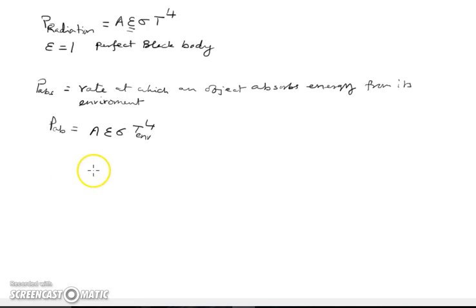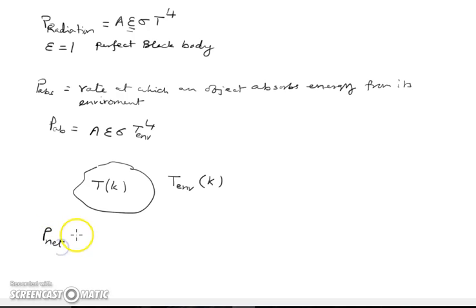So if you have an object at temperature T Kelvin, and this is my T surrounding or T environment, also in Kelvin, then the net rate of transfer of heat energy P net is equal to A E sigma, T environment to the power 4 minus T to the power 4.